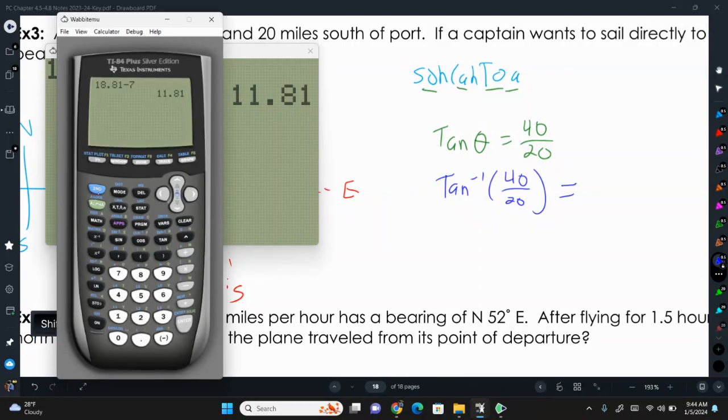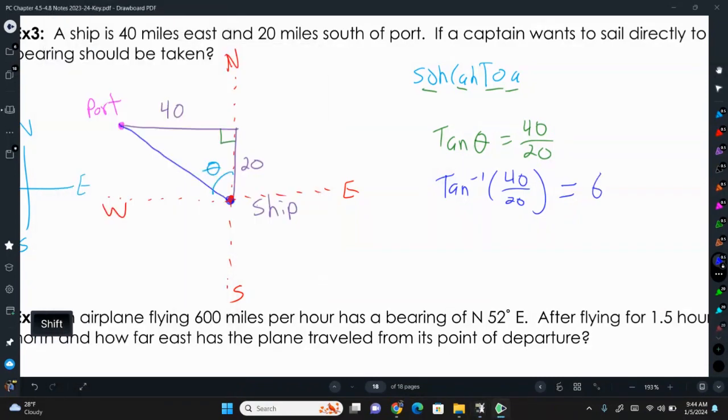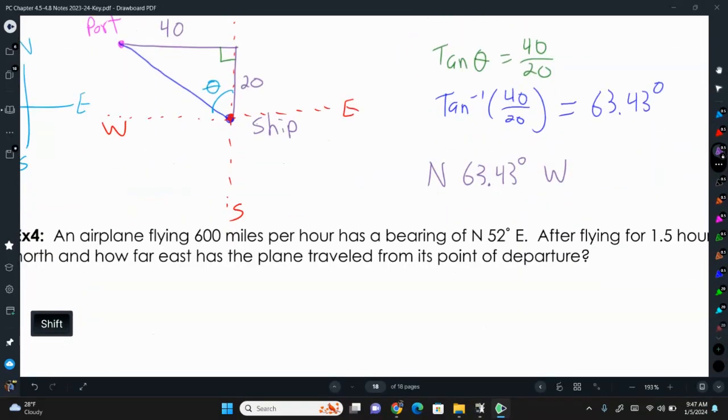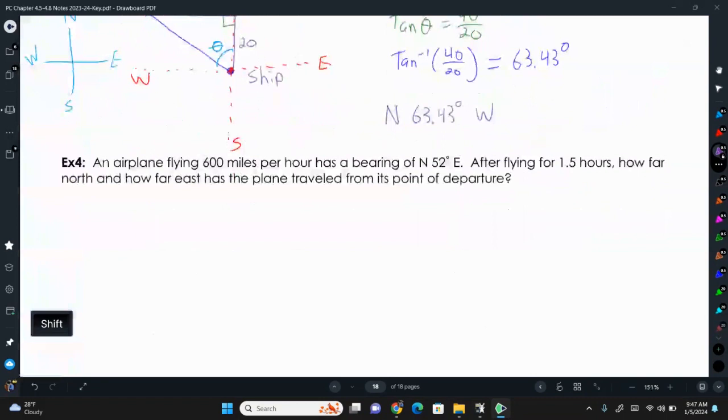And it's not complete enough just to say the answer is going to be 63.43 degrees. So you need to give it in the format of bearing. So we're going north 63.43 degrees west.